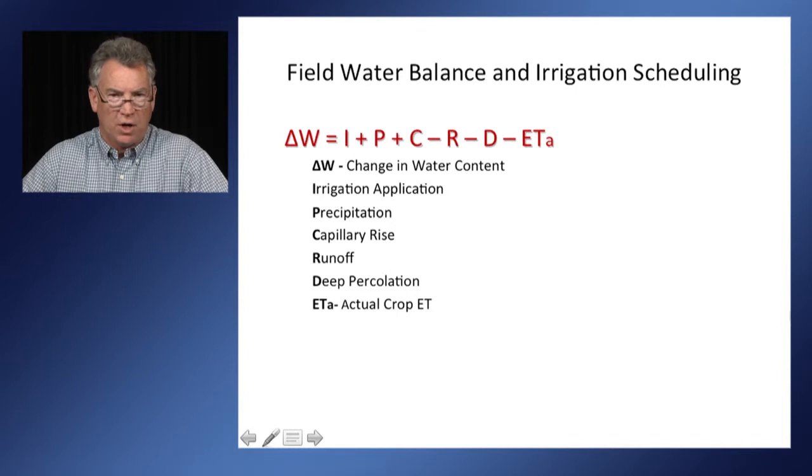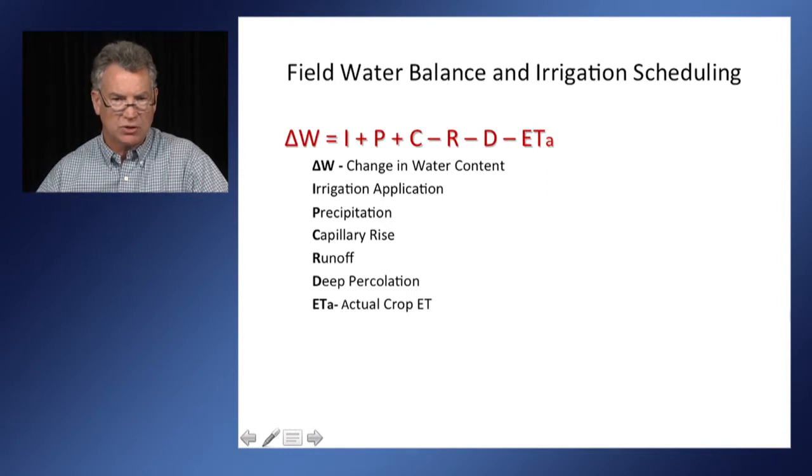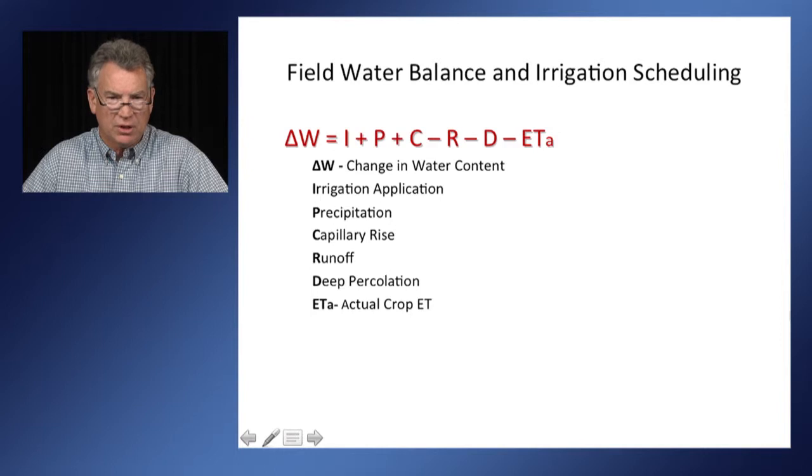If we look at a field water balance approach to irrigation scheduling, we have the following equation. And basically it says that the change in water content, or delta W, is equal to the inputs of water into the system minus those things that actually reduce water content of the soil. Things that are positively influenced are irrigation, so inputs are irrigation, precipitation.